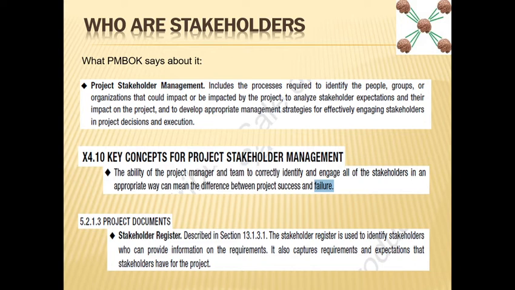So it's not only the people who can make an impact, but the people who could be impacted who are also the stakeholders. Then you need to analyze stakeholder expectations and their impact on the project. You need to identify not only the impact they can make, but also their expectations from the project.